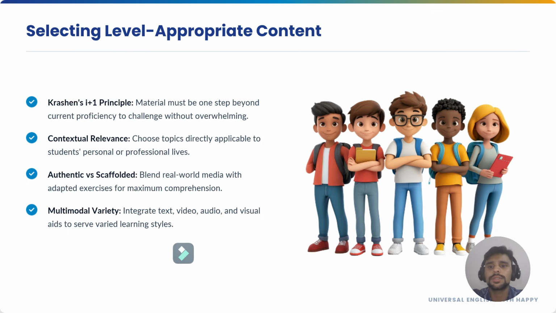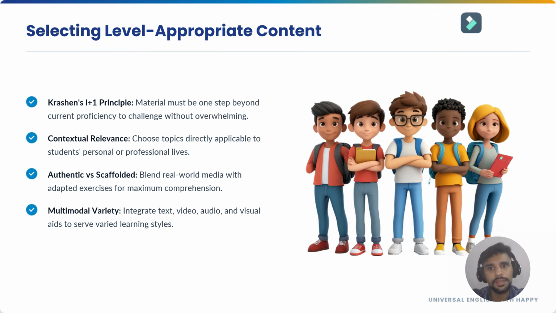In simple terms, I represents the student's current level of language proficiency, and plus 1 represents language input that is just one step beyond their current capacity. If you provide materials at I plus 0, students encounter zero new challenge. They become bored and disengaged.